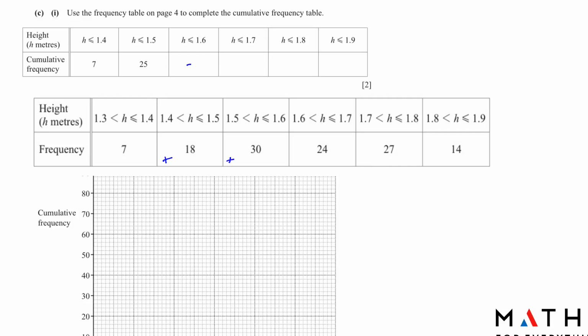It will give us 55. Now 55 plus 24 will give us 79, and 79 plus 27 will give us 106. 106 plus 14 will give us 120. So that's how we find the cumulative frequency.